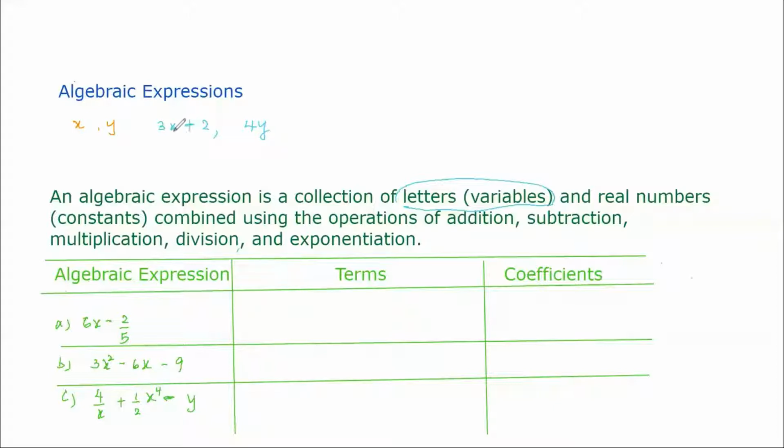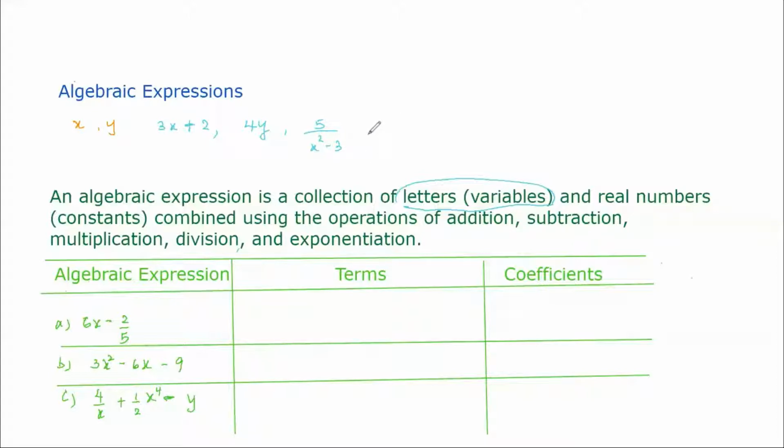So we have two terms, 3x and 2. Sometimes we have fraction form, for example 5 over x squared minus 3. This is called an algebraic expression already.